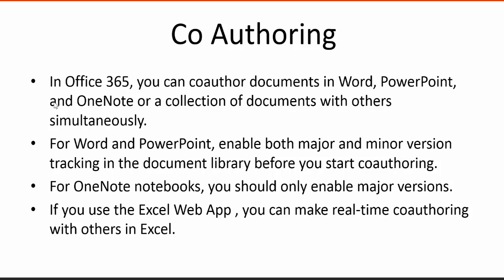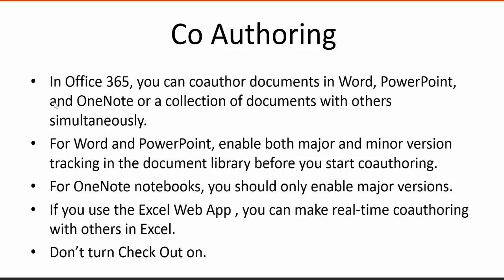An important note: in the document library settings, make sure you don't turn on checkout. If you turn on checkout, this will stop co-authoring, because it means only one user can edit by checking out the document to himself. So don't turn checkout on, just keep it off.